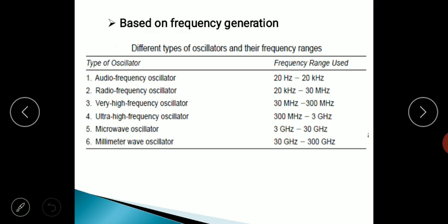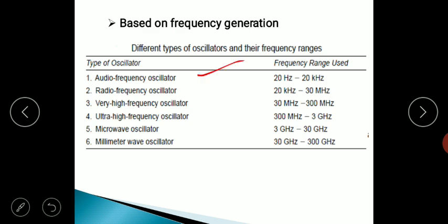The oscillator which generates frequency in the range of audio frequency band. That is, the oscillator which generates a frequency in the band of 20 Hz to 20 kHz is called as audio frequency oscillator, because already you know the audio frequency band is 20 Hz to 20 kHz. So the oscillator which generates frequency in this range is called as audio frequency oscillator.